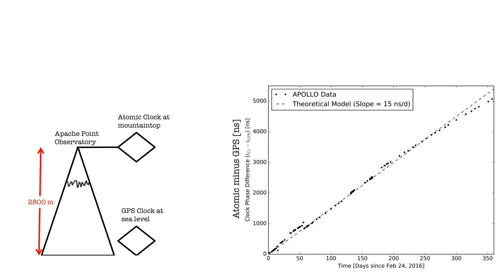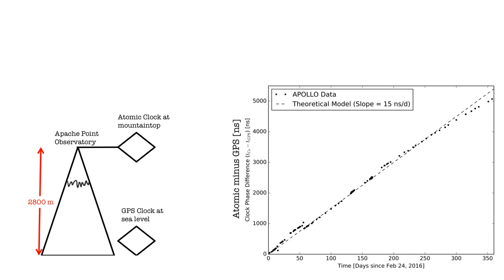In order to make our measurement, we use a GPS clock, and we also use an atomic clock. Both of those clocks are located at the mountaintop at the Apache Point Observatory. So we actually have two physical clocks next to each other side by side, and they're connected by a cable. So we can monitor the difference in time between these two clocks, one atomic clock and one GPS clock.